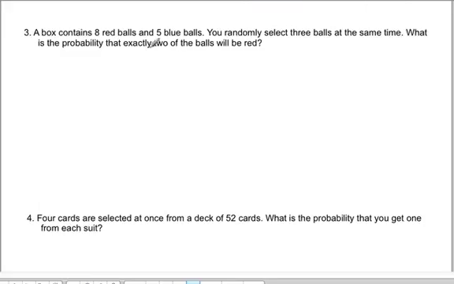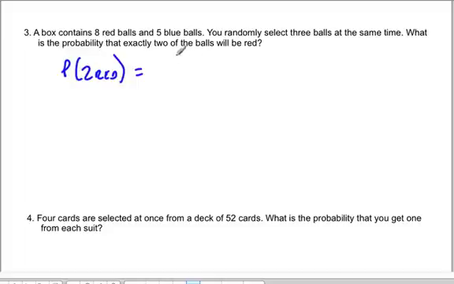A box contains 8 red balls and 5 blue balls. You randomly select 3 balls at the same time. What is the probability that exactly 2 of the balls will be red? Now this is different than questions we did when we started the unit, in that we're not drawing out one at a time.